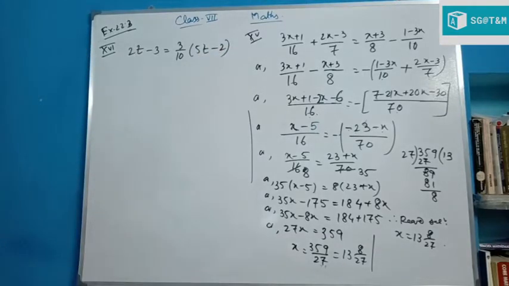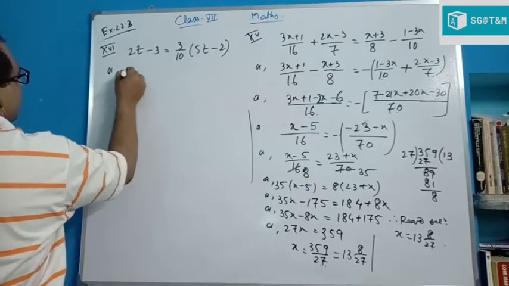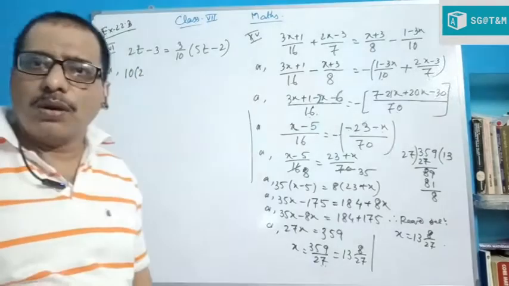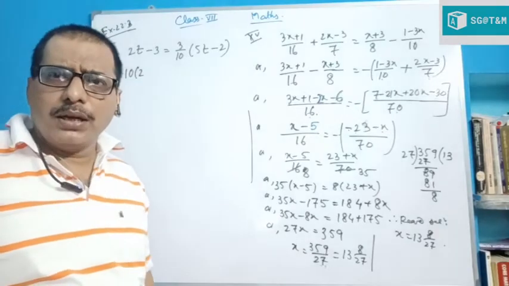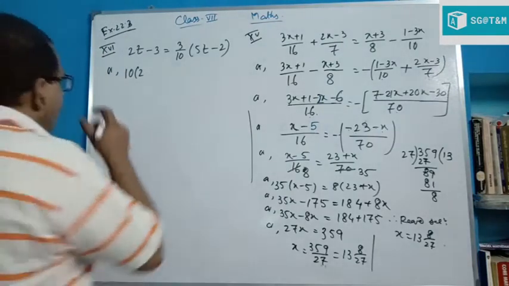Okay? In this case the variable is t, so we have to find out the value of t, not x. Okay? In this case we have to find out the value of t.